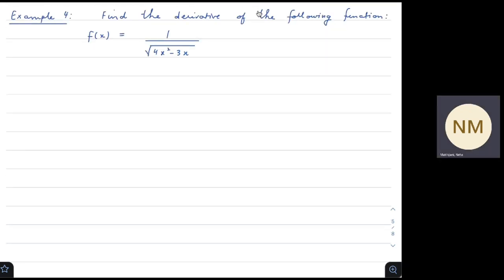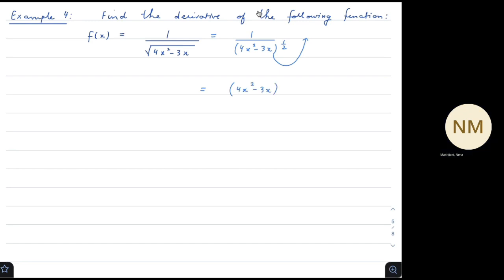Now let's find the derivative of this function. Let me rewrite the function. If I want to move this denominator to the numerator, what will happen to the exponent? Yes, it will change sign. So we will now have a negative 1/2 in the power. Okay. All right. So we are going to use the chain rule to find the derivative of this function.